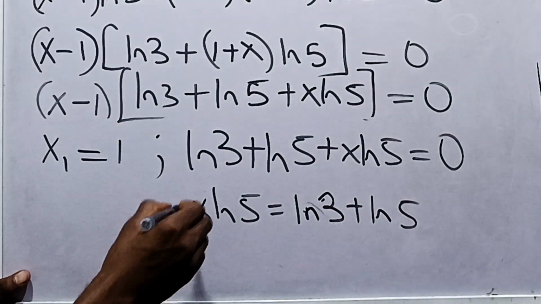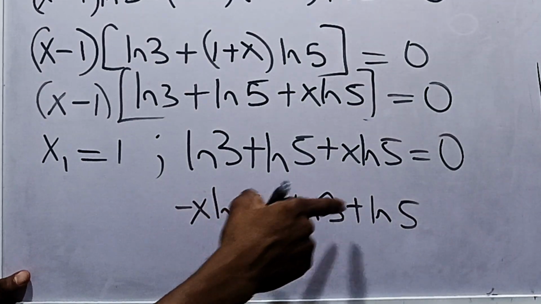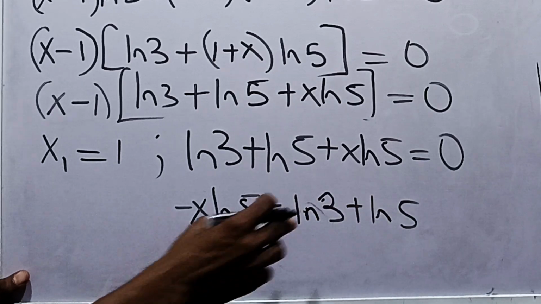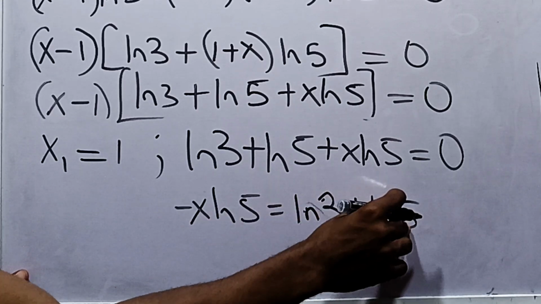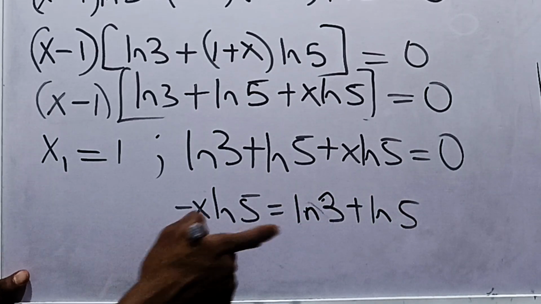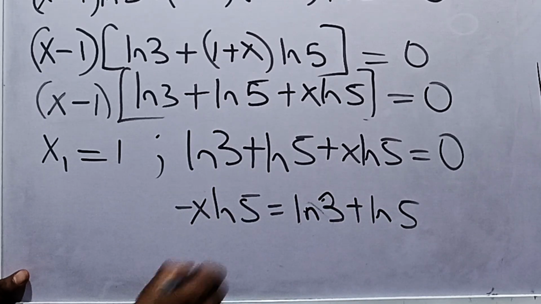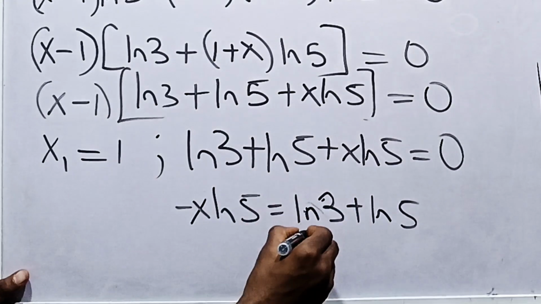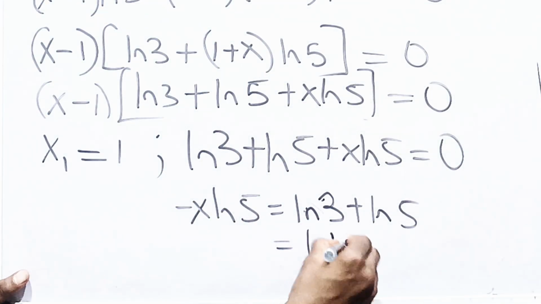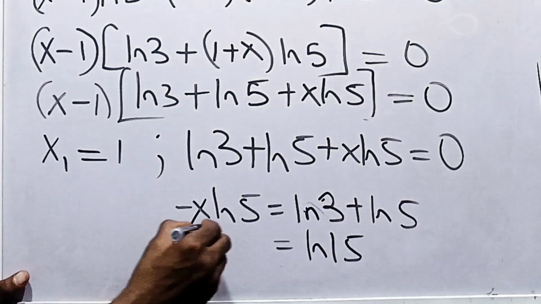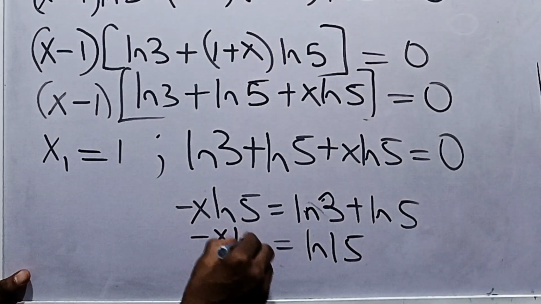Alright? Hence, we now have ln of 3 plus ln of 5. When you have this is logarithm of 3 and this is logarithm of 5, okay, now when you have this, you multiply the log. So we have that this is ln of 5 times 3, which is 15. Okay? It's equal to negative x ln of 5.